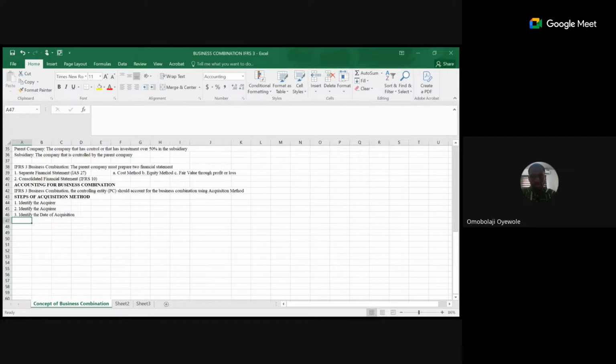Then step number 4, after you have identified the date of acquisition, says identify the assets and liabilities at the date of acquisition.